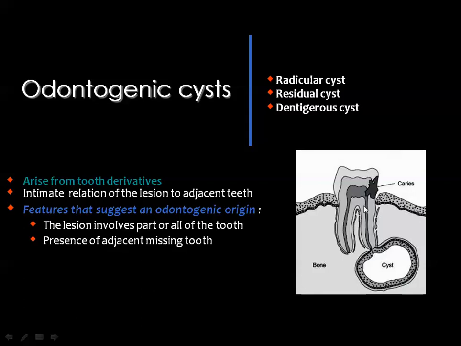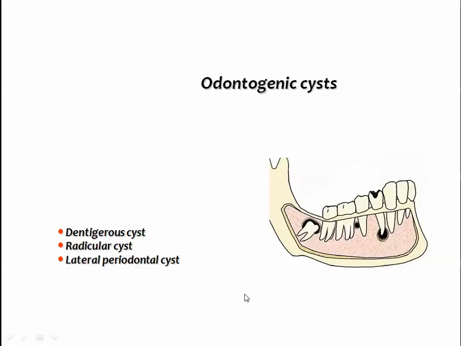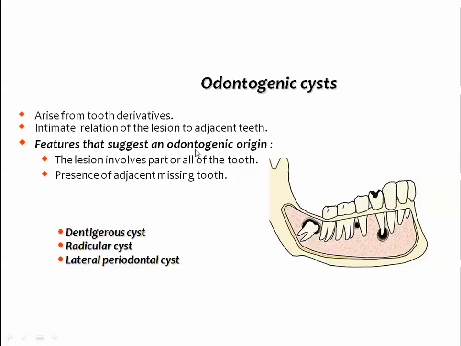If you look at this classification, we have three types of cysts. The radicular cyst, which is related to the root of the tooth, the lateral periodontal cyst, which is located between the roots of the teeth, and the dentigerous cyst, which is related to the crown of an unerupted tooth.